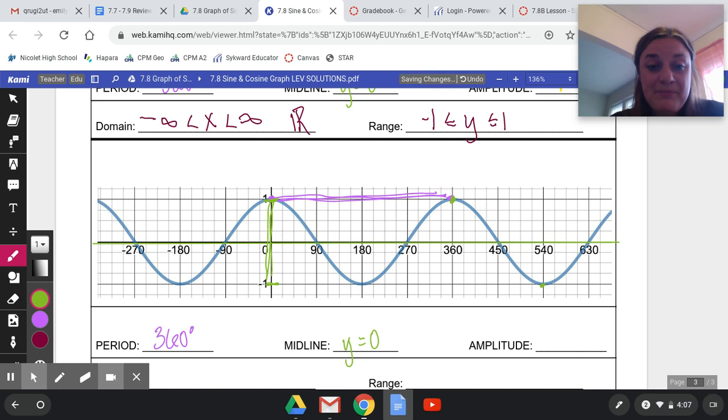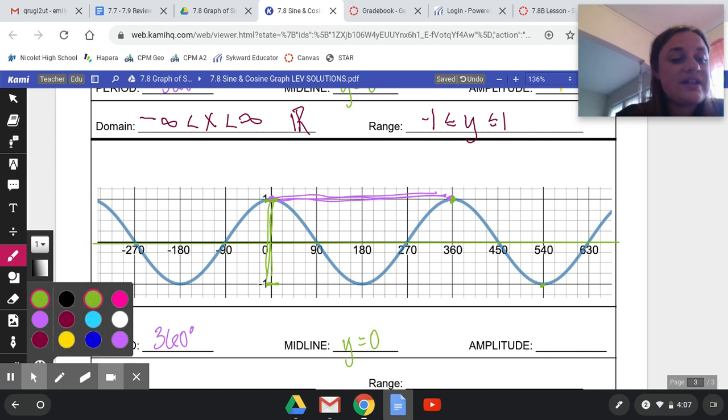Then my amplitude is the same thing here. Here's my midline, and here is my peak, and that peak is at 1. So this distance is also 1. Same thing here: here's my midline, here's my lowest point, and the distance there is also 1.